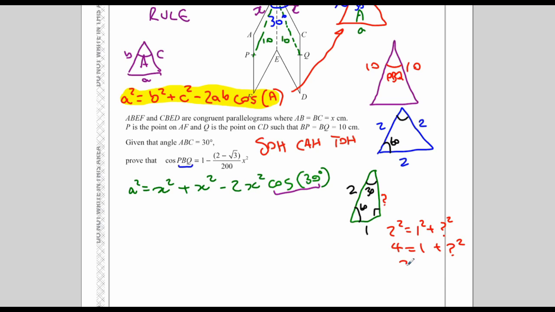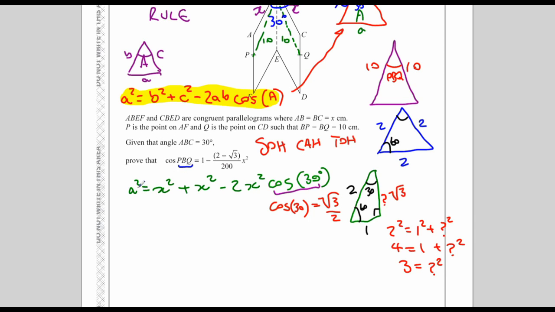Take your 1 from both sides. Something squared gives you 3. Well, by definition, square root of 3. So cos of 30, cos of this is adjacent over hypotenuse. Cos of 30 equals root 3 over 2.